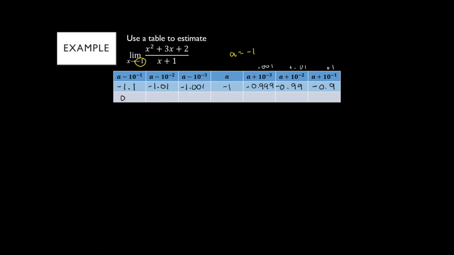Plug in our numbers. We have 0.9, 0.99, 0.999. We have undefined at -1, then 1.001, 1.01, and 1.1.